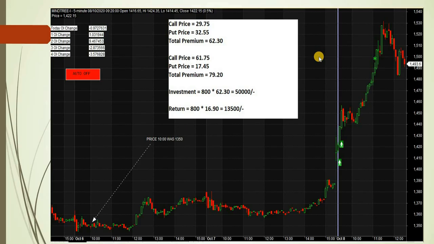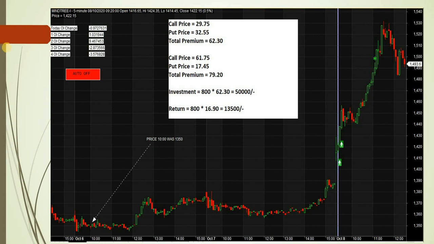So we should not take this trade if we get such a situation, but still, in this case, we will see how our strategy performs if we took a trade. On 6th of October, the closing price of the stock was 1350. So we will buy a strangle within 5% of the range, 1350 into 5%, which comes to 67.